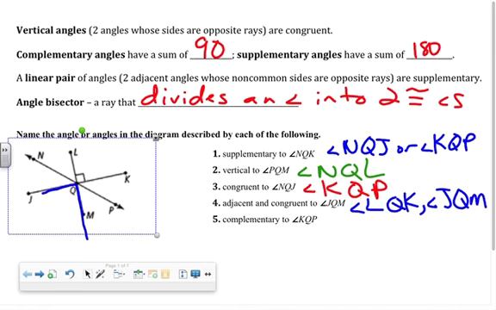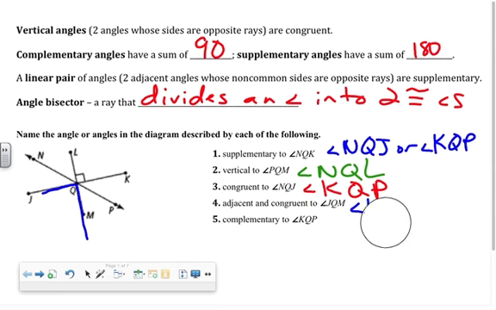JQM, so angle J, oh gosh, I had it all wrong. Let's try that again. I had the wrong angle highlighted. JQL and angle MQK.